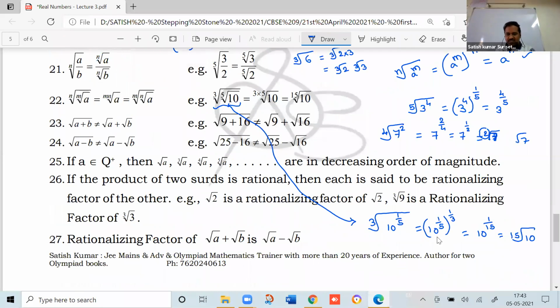Tell me this. Square root of fourth root of 7. What is this equal to? In terms of exponent form, you tell me, as well as radical form. What is the exponent form I should write? 7 to the power of 1 by 6.